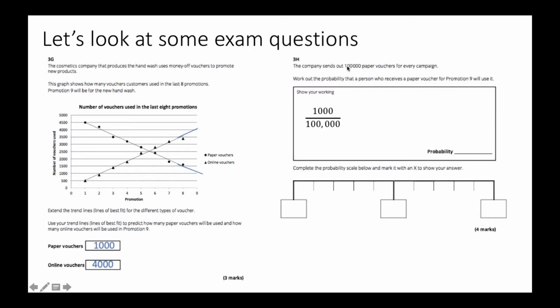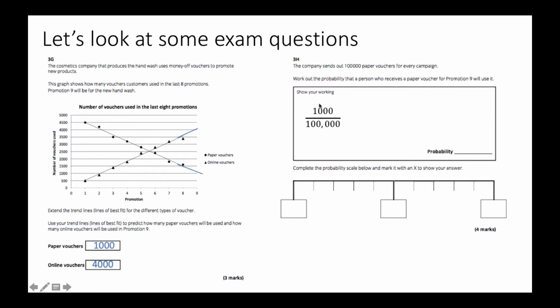So a company sends out 100,000 paper vouchers, but according to our chart, only 1,000 people will use them. So that is 1,000 used vouchers out of 100,000 vouchers sent out in total.